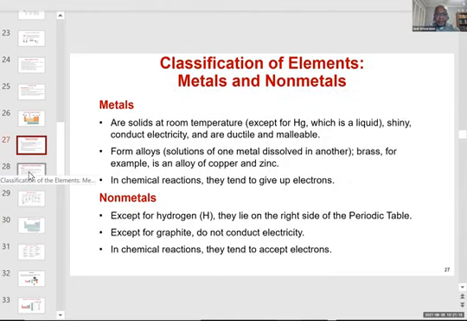The classification is based on this: except hydrogen, non-metals lie on the right side, in the blue boxes. Except graphite, they don't conduct electricity. Graphite is the only non-metal that conducts electricity. They tend to form anions, negatively charged ions.